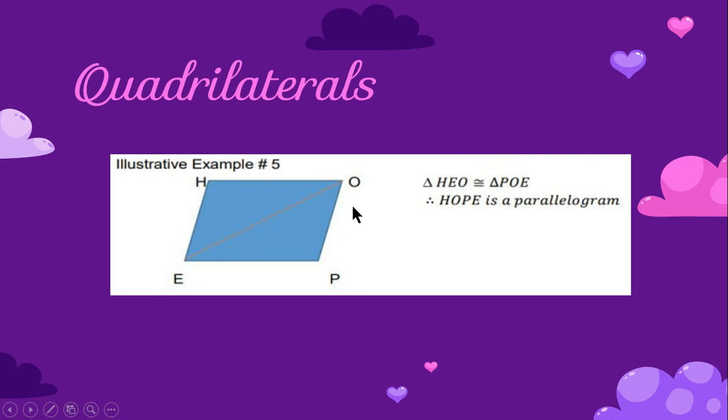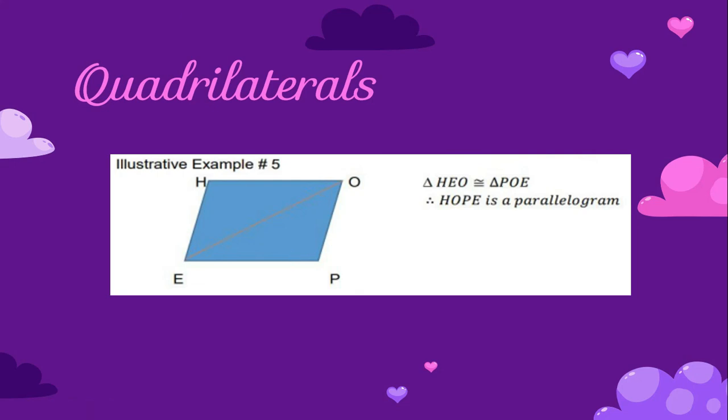Illustrative example number 5. HEO here is congruent to POE. So we form triangles here. Can we call that a parallelogram? Yes, because when we cut a parallelogram, we form two congruent triangles.